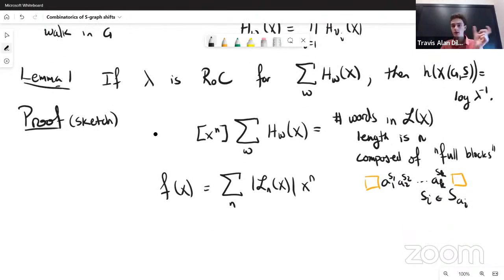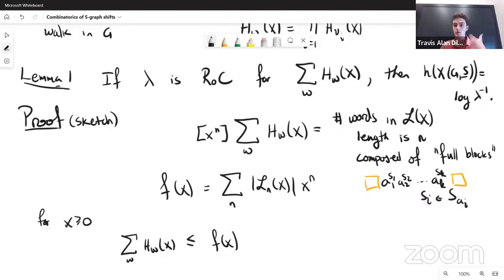And by comparing the coefficients, we know that at least for positive values of x, the value of this monstrous power series that I defined in the statement of the lemma has to be at most f of x, because each coefficient in f of x is at least as big as the coefficient in this first power series.